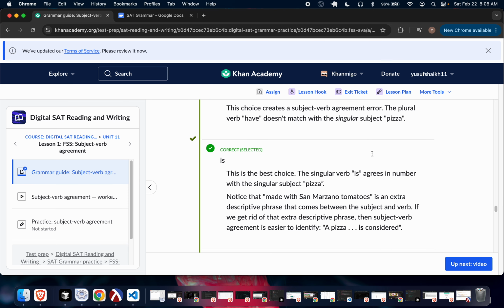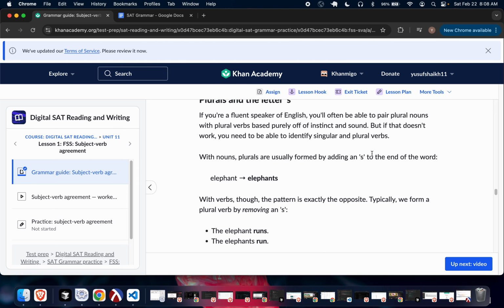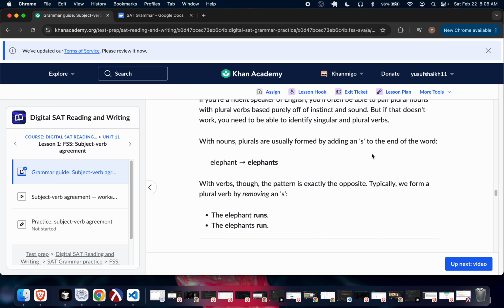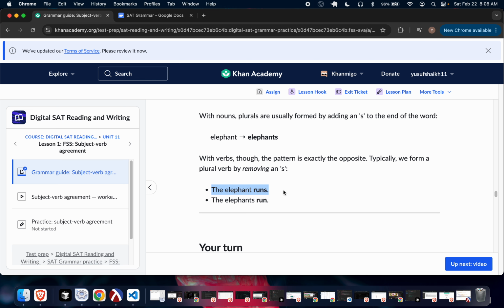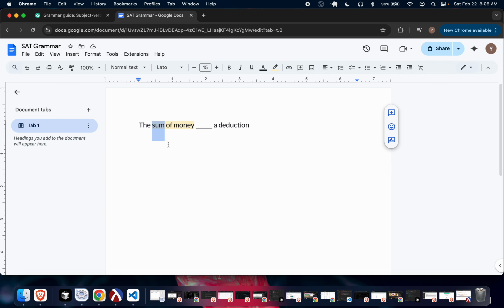Now remember how we were talking before about how, usually when you're making verbs plural, you remove the S, right? So the elephant runs versus the elephants run. So what if I had a plural subject here, let's say, all of their banks, something like that?